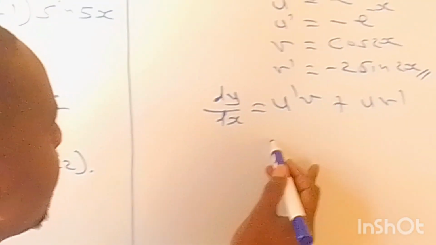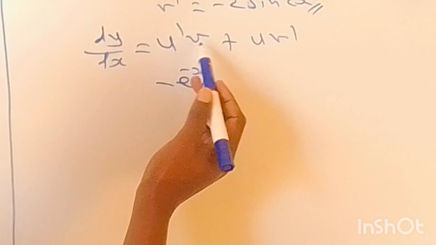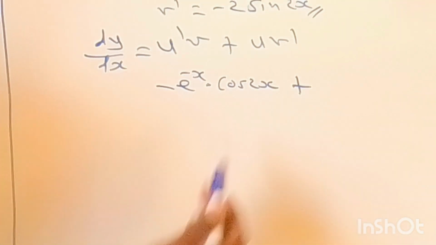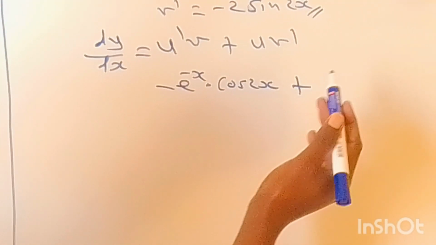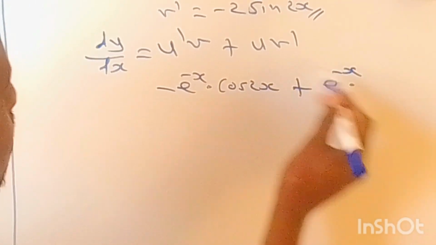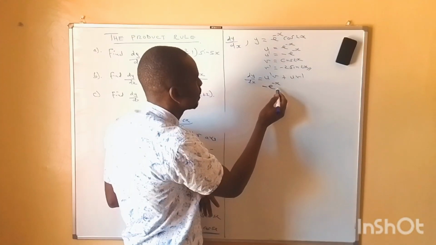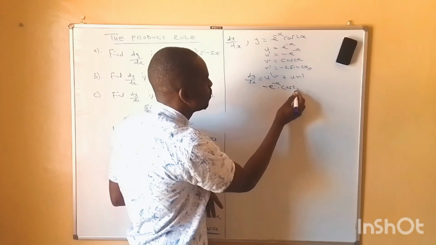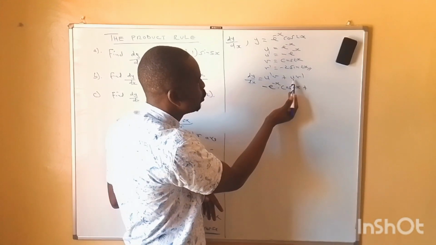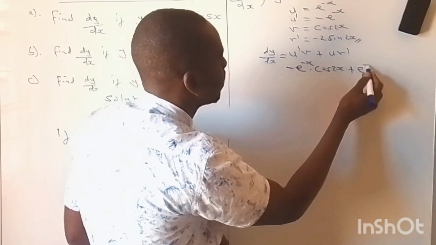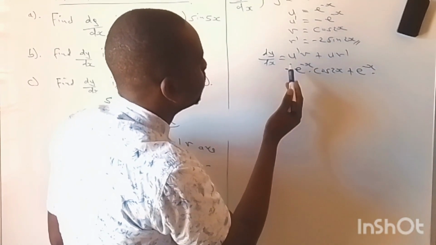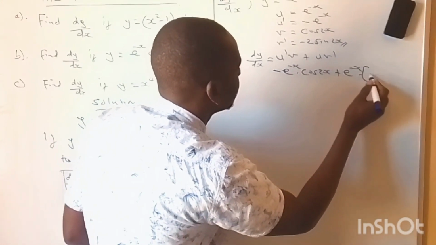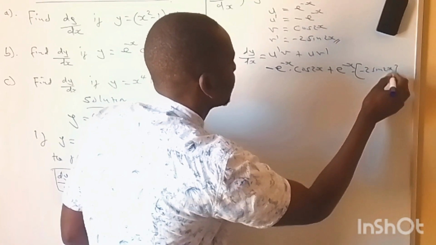Our u prime is negative e raised to negative x, multiplied by v, and our v is cos of 2x, plus u, and u is e raised to negative x, multiplied by v prime, which is negative 2 sine of 2x.